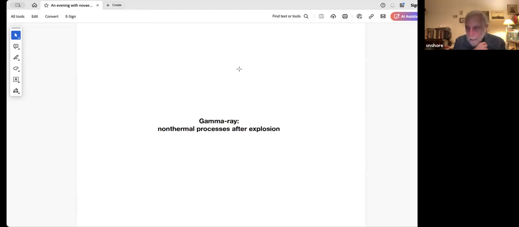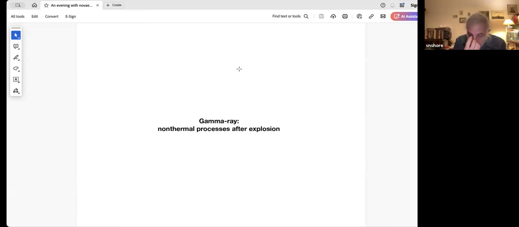Usually, gammas are produced in cosmic sources by extreme non-thermal processes. For example, the gamma ray emission from solar flares involves the acceleration of particles to relativistic energies. Not temperature, but something non-thermal.